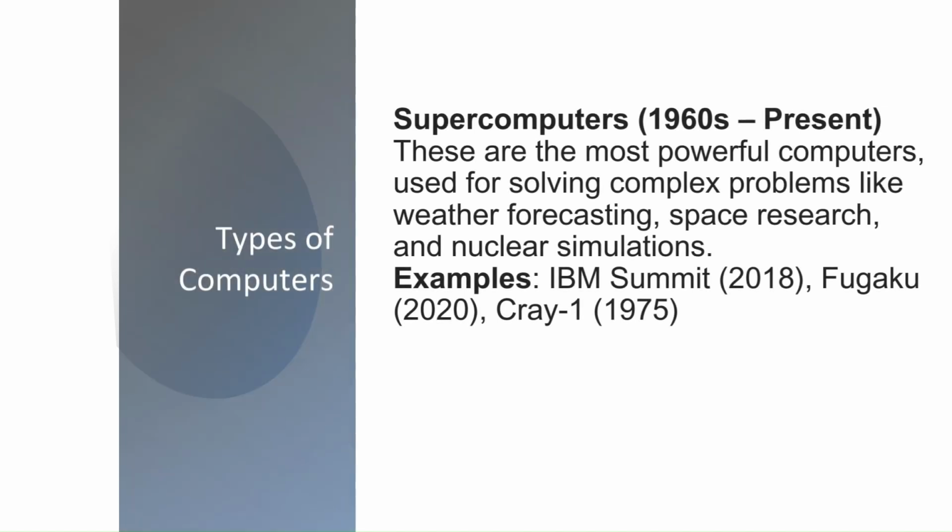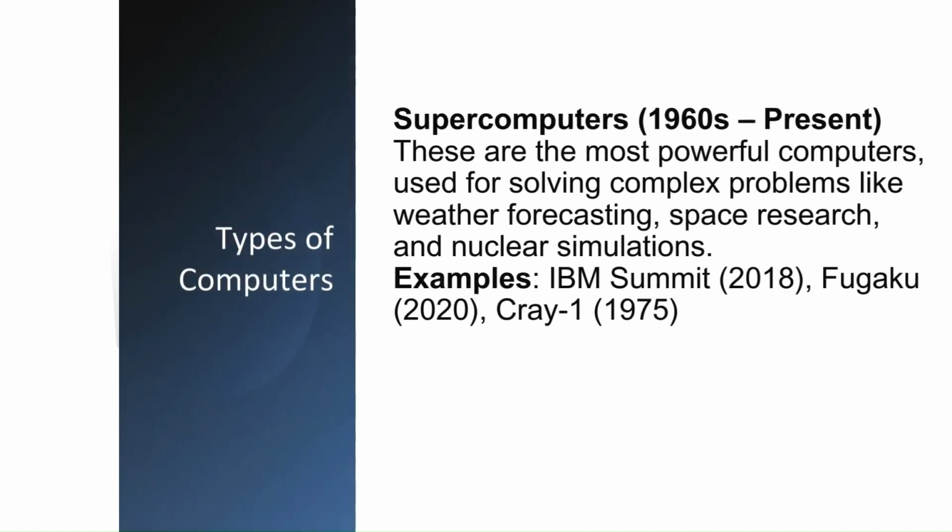They are used for big scientific research that requires heavy calculations. They are able to tell the weather. So predicting the weather and climate change is one of the uses of the supercomputer.